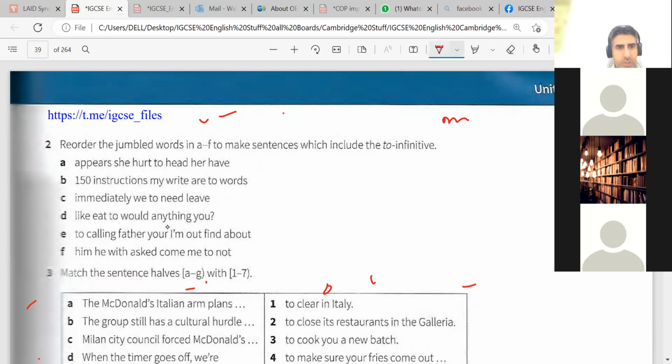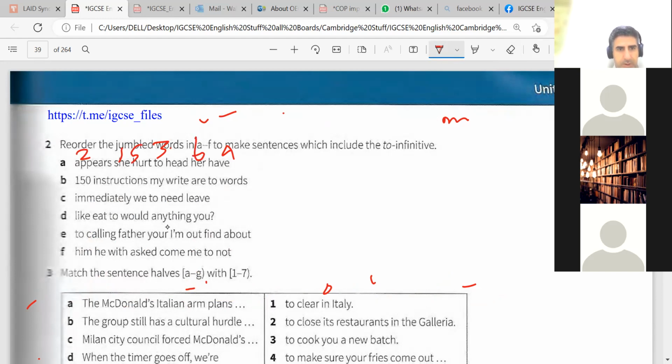So again, please, she appears to have hurt her head.